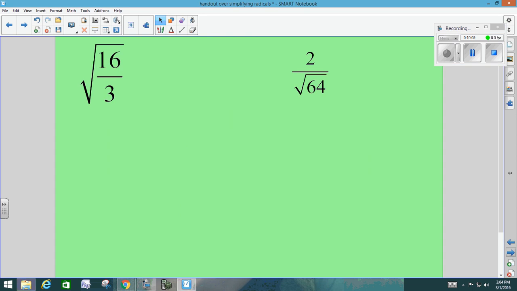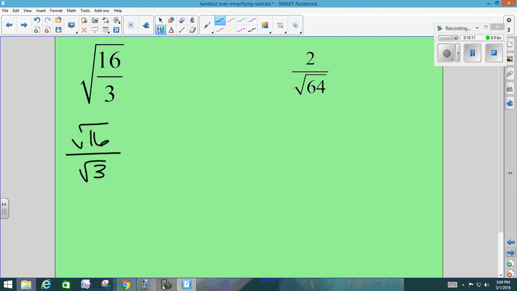Next one, the square root of 16 thirds. Break it into the two. So you have the square root of 16 over the square root of 3. 16 a perfect square? What's its square root? Okay. How about 3? So 4 over the square root of 3?